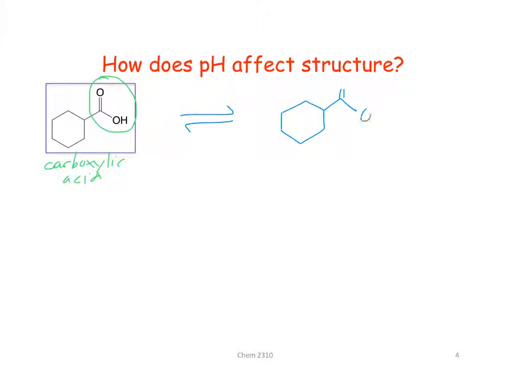All right, so we know if we have an acid, it can give off a proton, and it can form its conjugate base. All right, so this would be called the acidic form over here, and this is the basic form.